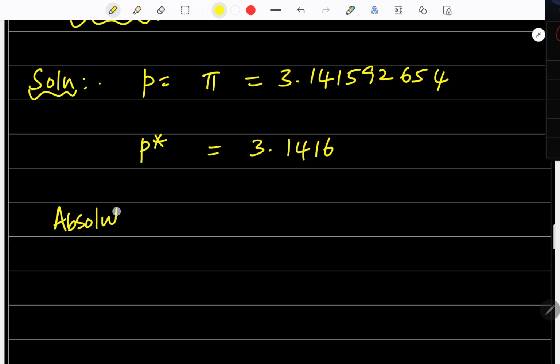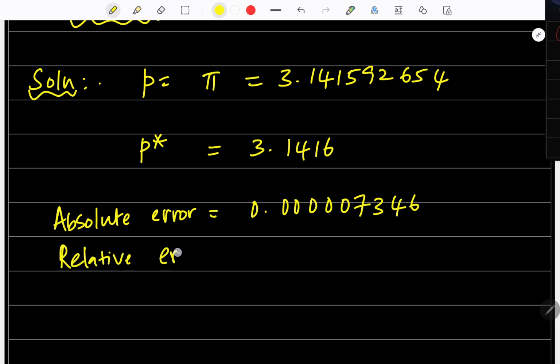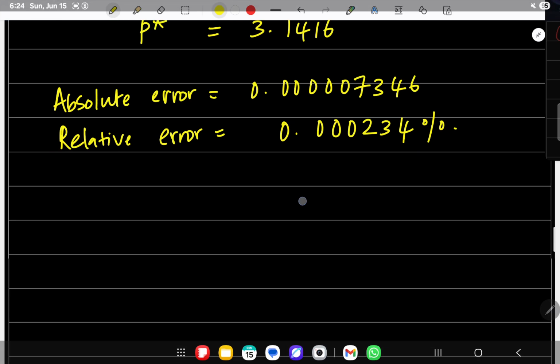If it cuts again I cannot record it. Absolute error is equal to, if you put it in the calculator you will get 0.123457346, and you are going to get the relative error, divided by the p value, and it's going to become 0.000234 percentage. Exactly, I am not doing it, the calculator is doing.